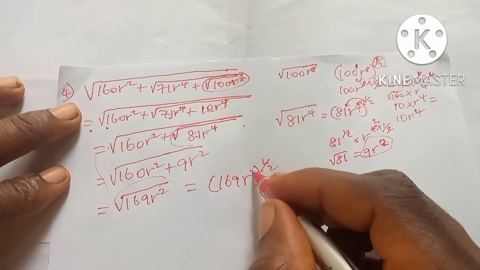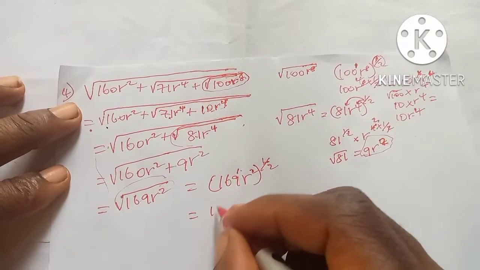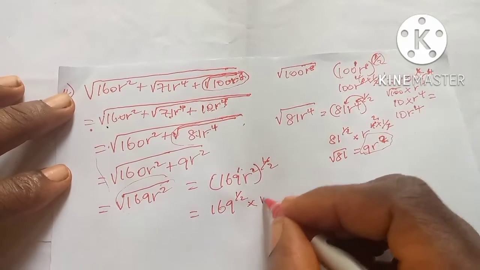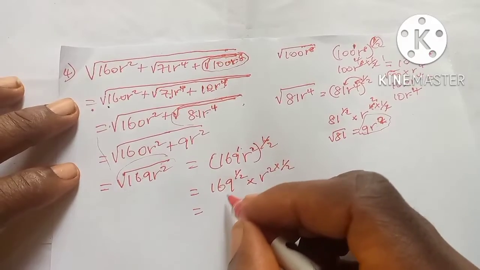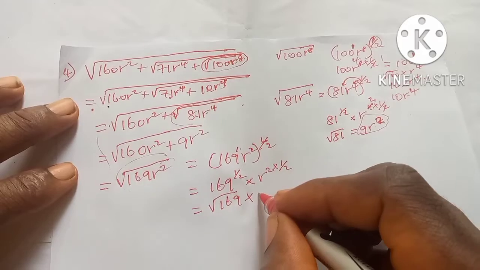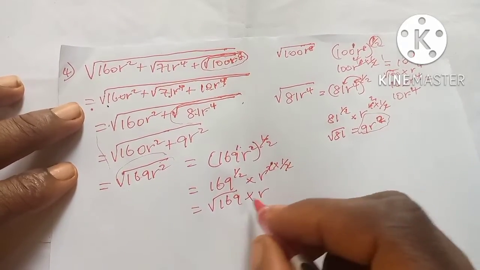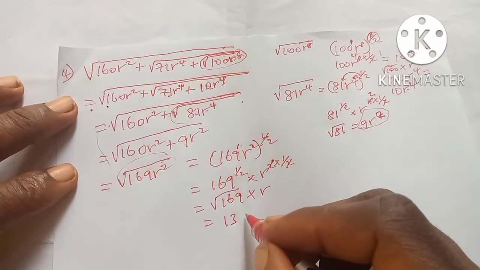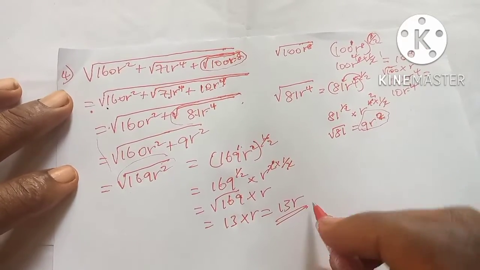So let's multiply 2 with half and then 1 with half. We have 169 to the power half multiplied by r square times half. Then this is equal to square root of 169 multiplied by r, because 2 divided by 2 is 1. And root 169 is equal to 13. So I have 13 times r, which is equal to 13r. So this is the answer.